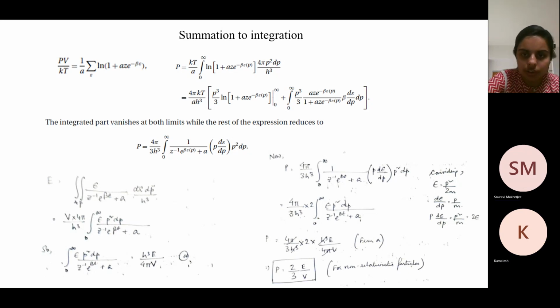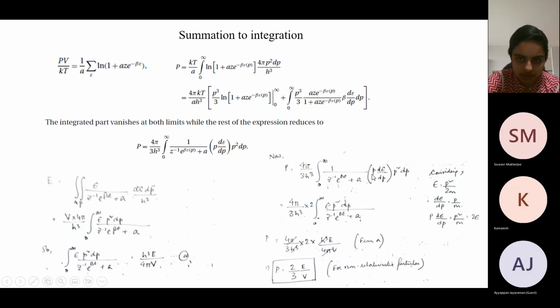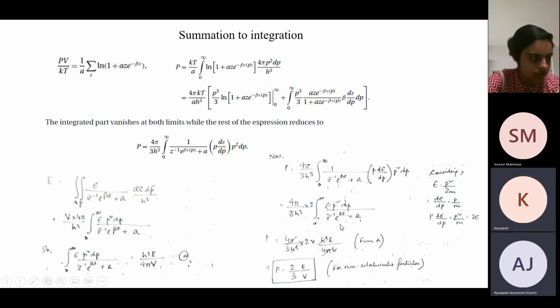Okay, wait. So this is the expression for P you used. Then you substituted this here, so what you got is some integral like this, right?